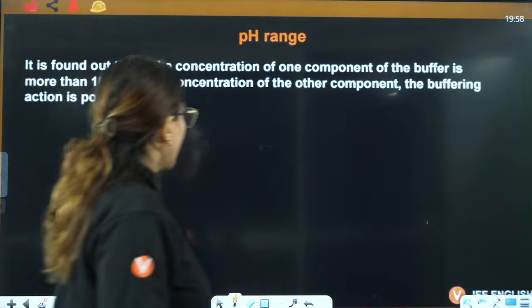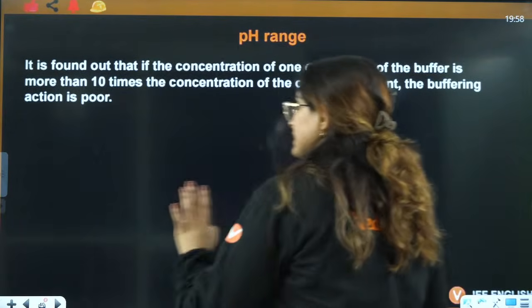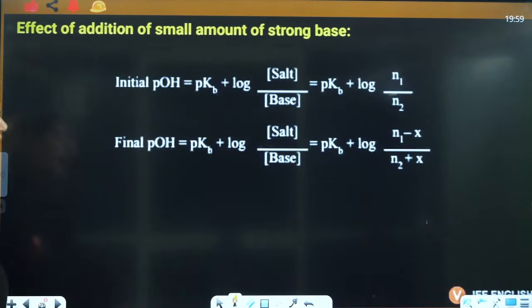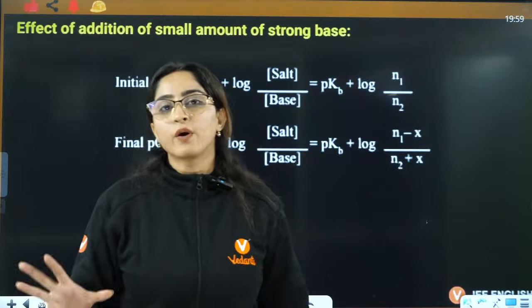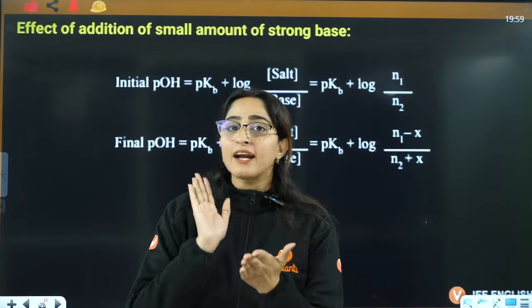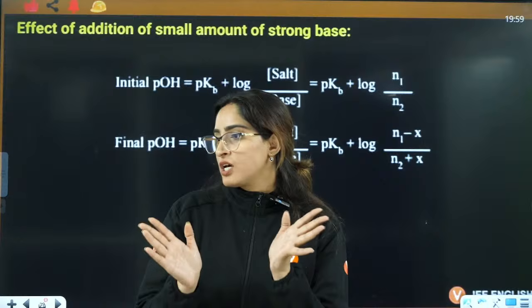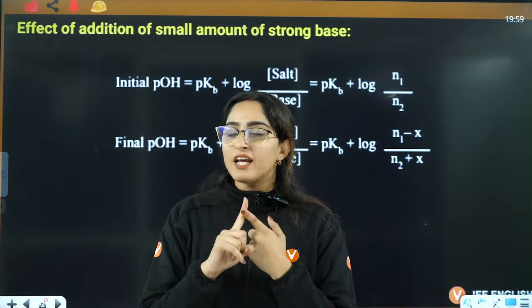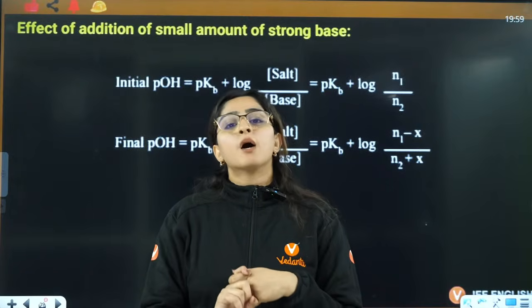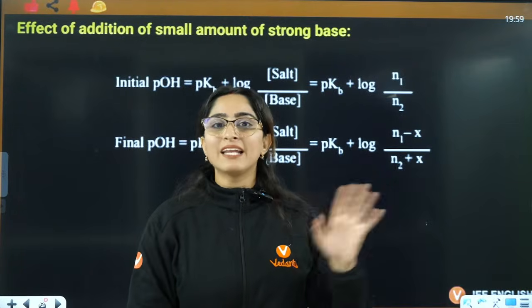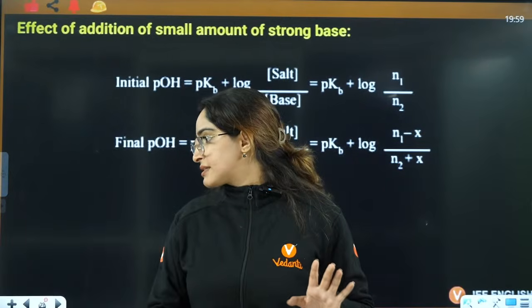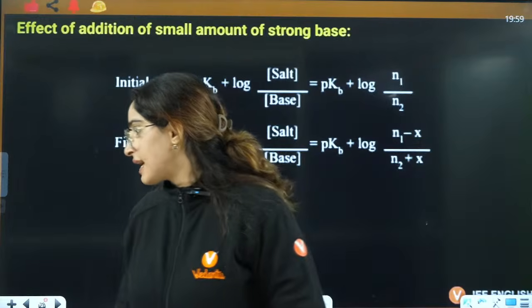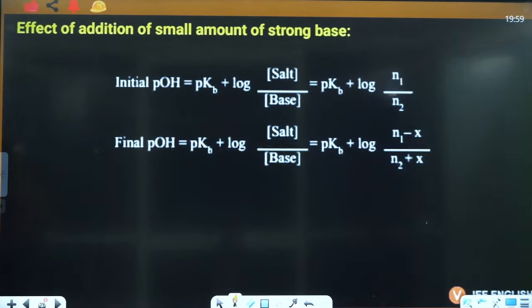We want to say that the X amount that you are adding or subtracting, if that X amount is very large, you are adding a good amount of base or acid, then definitely pH, pOH will get affected. But if that X is very small, then the overall effect will be very less. Okay? Tell me, is that clear? Is there any problem?